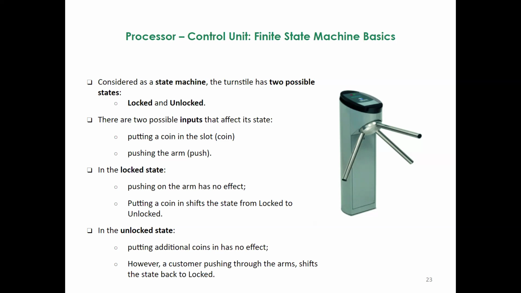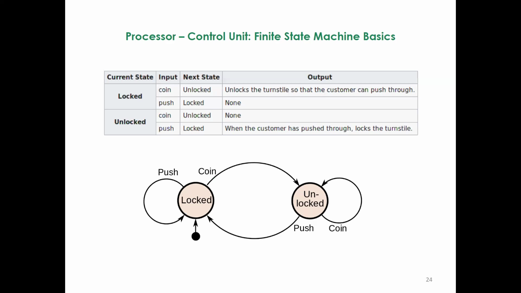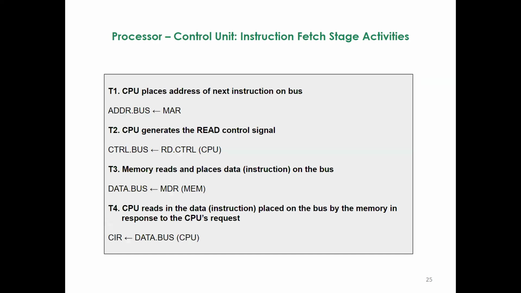It can be in the fetch stage, and depending on the stimuli, it will move to decode, from decode to execute, and then after execute, it will go back to fetch. So it is a finite state machine. That's a state diagram, a state table.